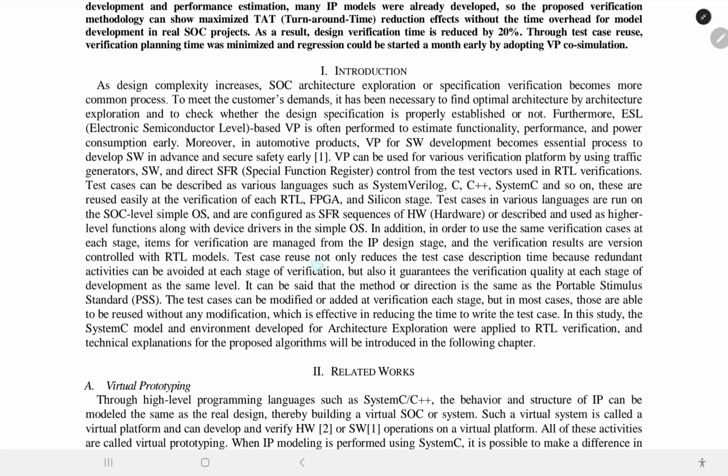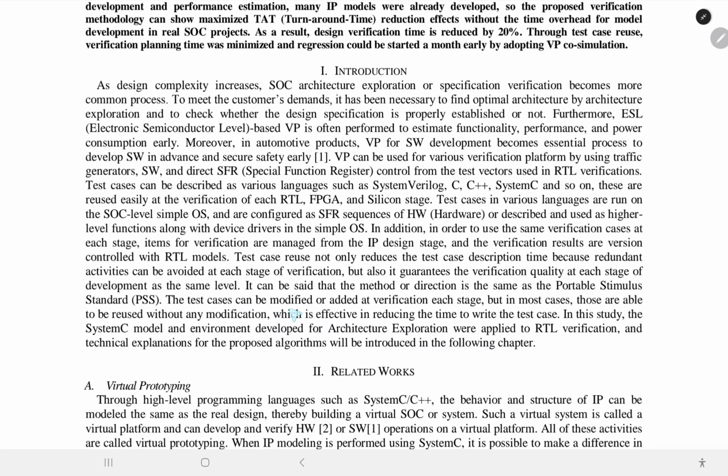Test case reuse not only reduces the test case description time because redundant activities can be avoided at each stage of verification, but also guarantees the verification quality at each stage of the development at the same level. It can be said the method or direction is the same as the portable stimulus standard, PSS.